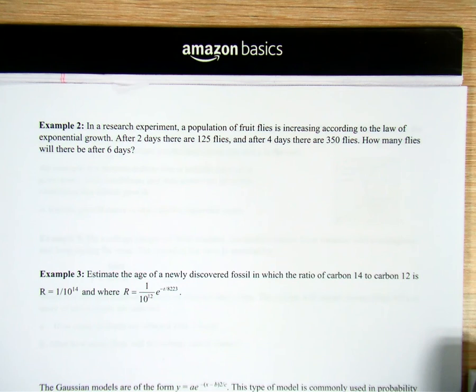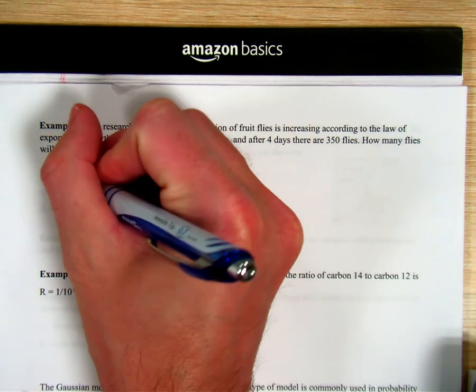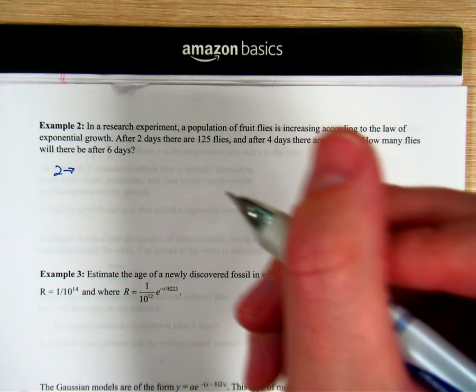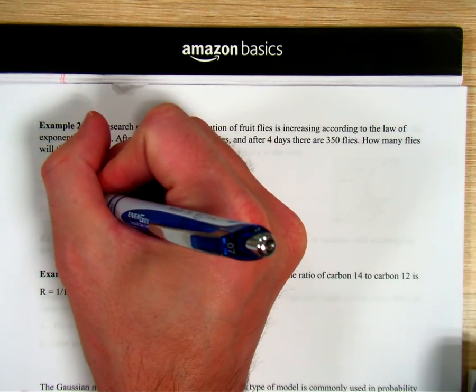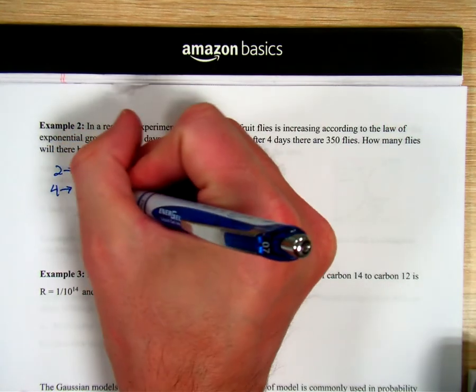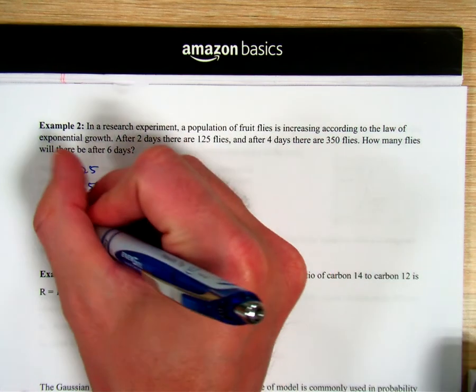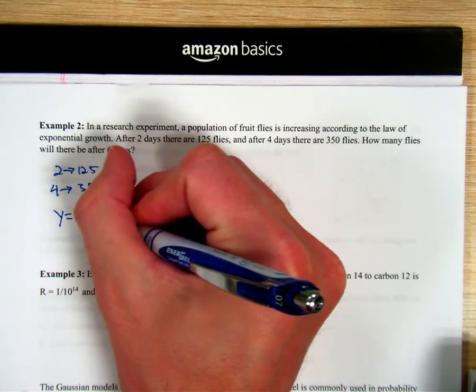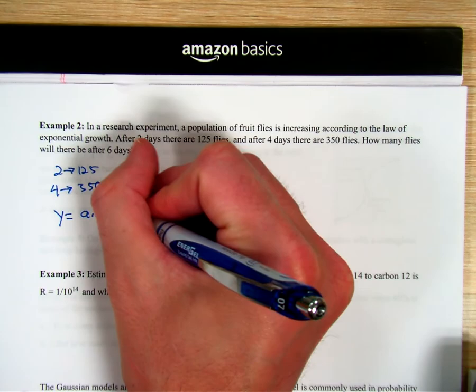So let's do it. We have 2 giving us 125. And 4 gives us 350. And our base equation for exponential growth, a times e to the bx.